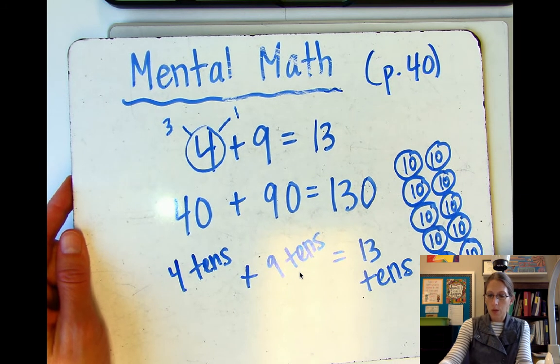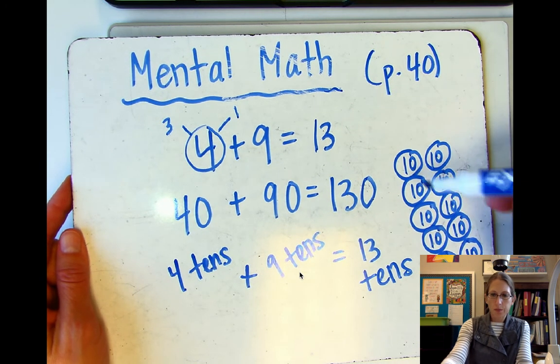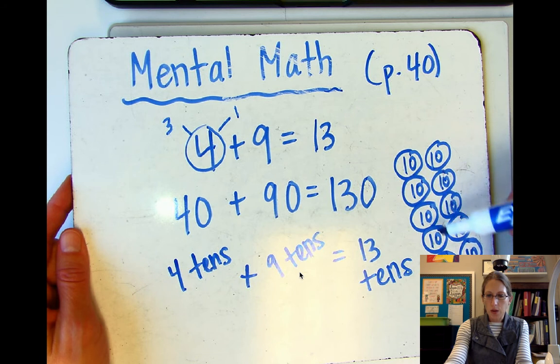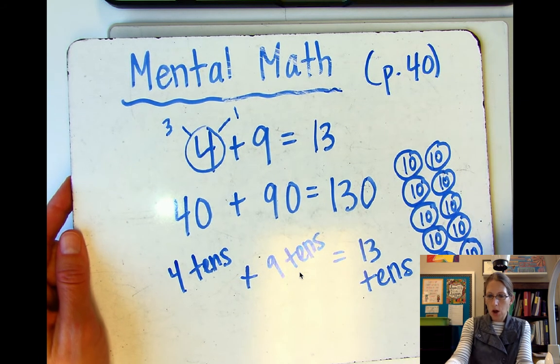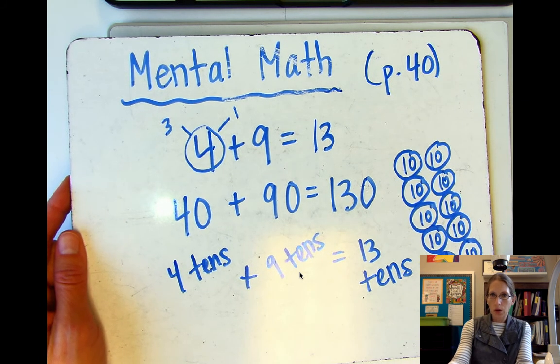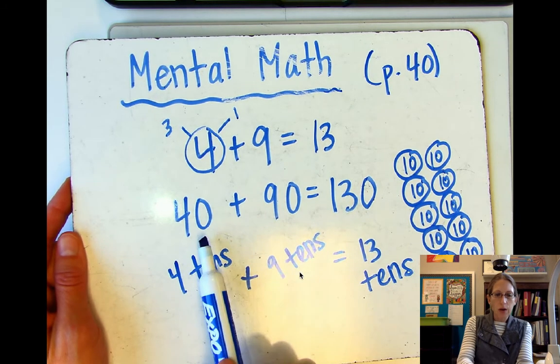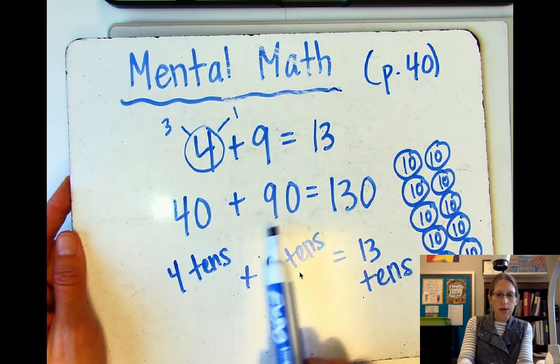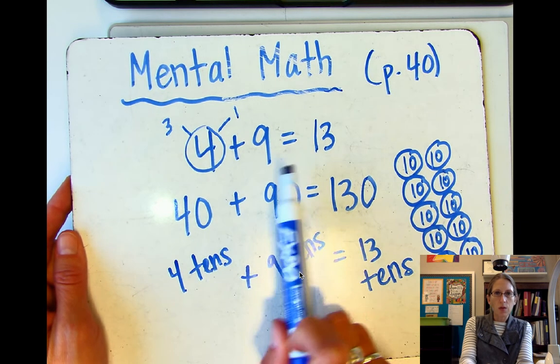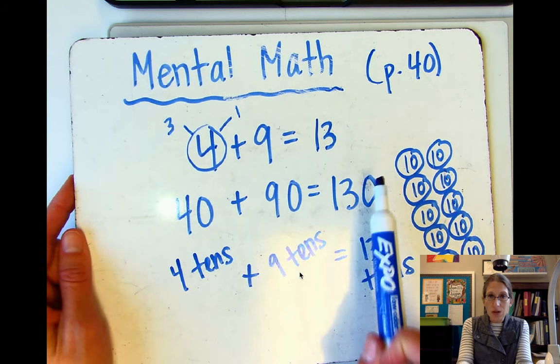And then we need 3 more. Let's just check. 10, 20, 30, 40, 50, 60, 70, 80, 90, 100, 110, 120, 130. We got it right there. So if you're adding tens, you can use this fact with the ones to help you. We just have to add a 0.